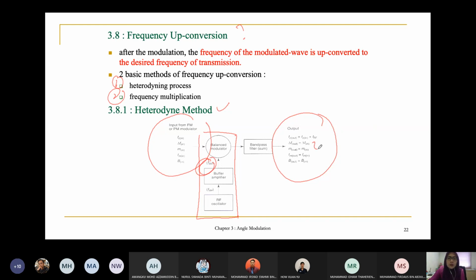However, for the other parameters, delta F, the modulation index, the FM, and also the bandwidth, they are unchanged, or unaffected by the heterodyne process. The heterodyne process only affects the value of Fc.